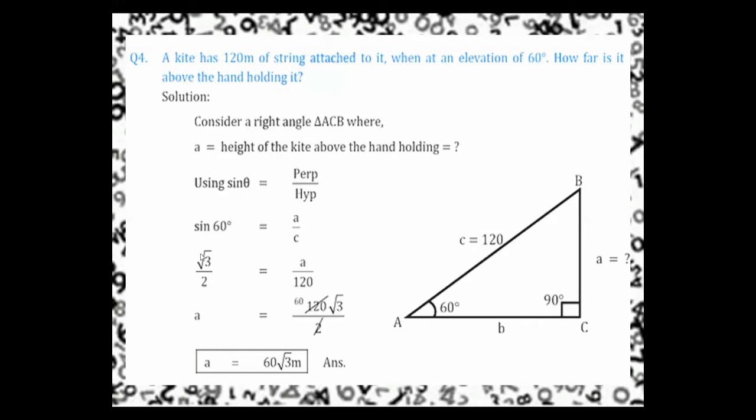When it changes its side, it becomes multiply by 120. So 120 root 3 upon 2. Now cancel these two. 2 ones are 2, 2 sixes are 12 and 0 remains here. So 60 root 3. So the height of the kite above the hand holding it is 60 root 3 meter. This is the answer of question number 4.